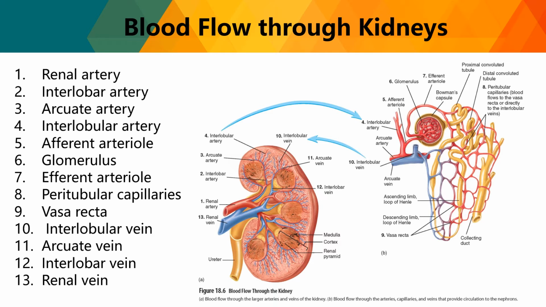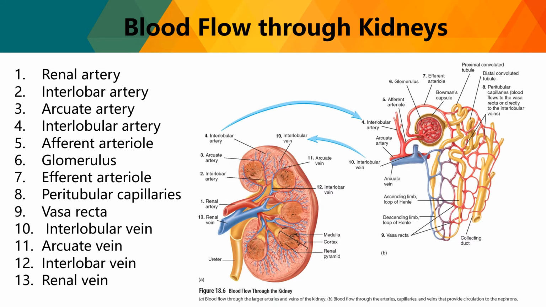First, the blood flow will be coming from your renal artery, and then going to your interlobar artery, and then next to your arcuate artery, going to your interlobular arteries. Looking at it closely, it will enter your afferent arteriole, here.